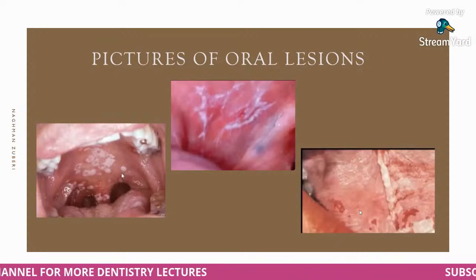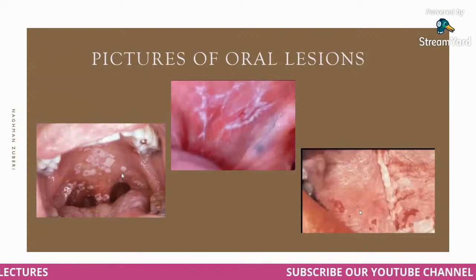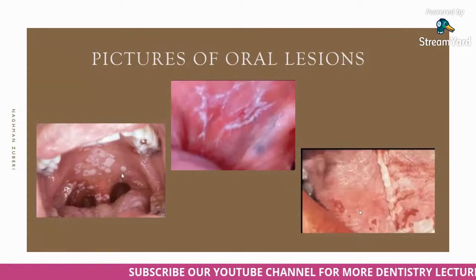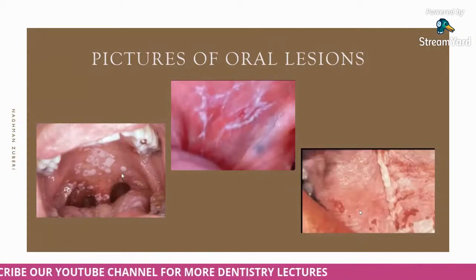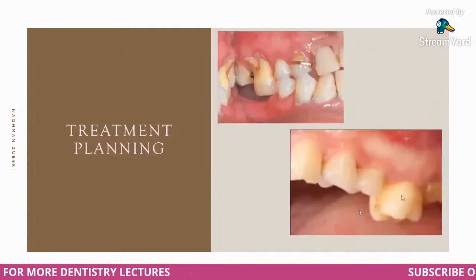Or maybe a linea alba, or maybe some white sponge nevus. So what would be your treatment option? Definitely we are not going to do anything in those such types of cases.